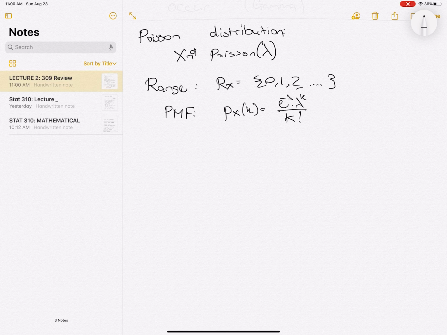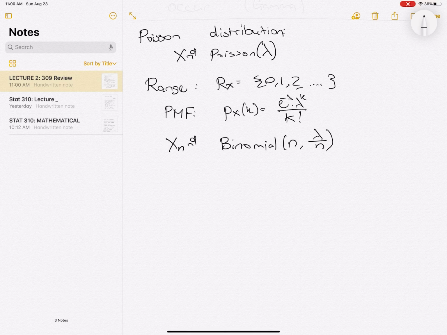Just to give you a little bit of intuition behind it, imagine that you have a binomial random variable where you have n slots over a unit time, and lambda over n is the probability of there being an event over a particular time period.